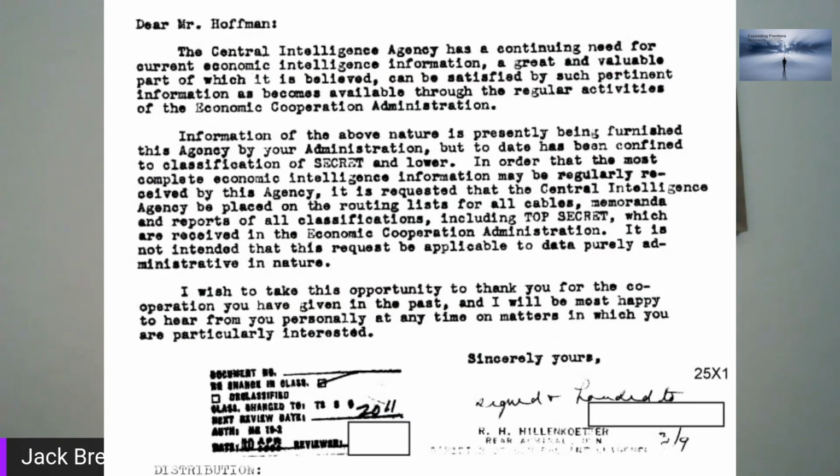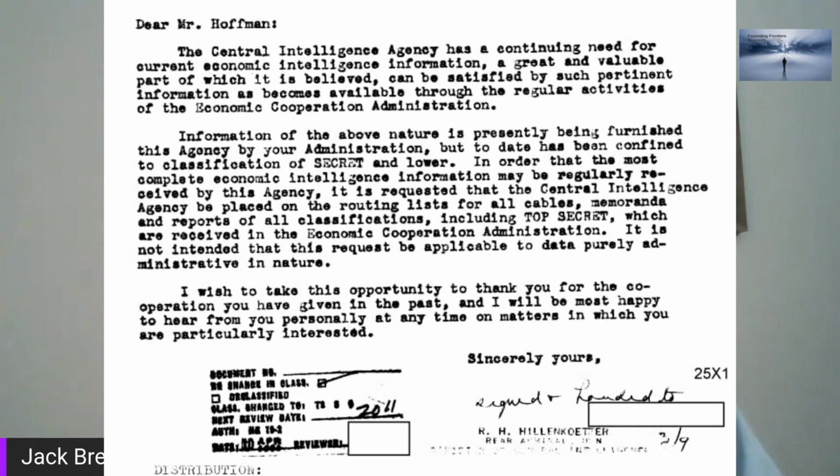I was looking through the online reading room for the CIA, and I came across a letter here from Hillenkoetter while he was the Director of Central Intelligence to an administrator at the ECA, which was the Economic Cooperation Administration.